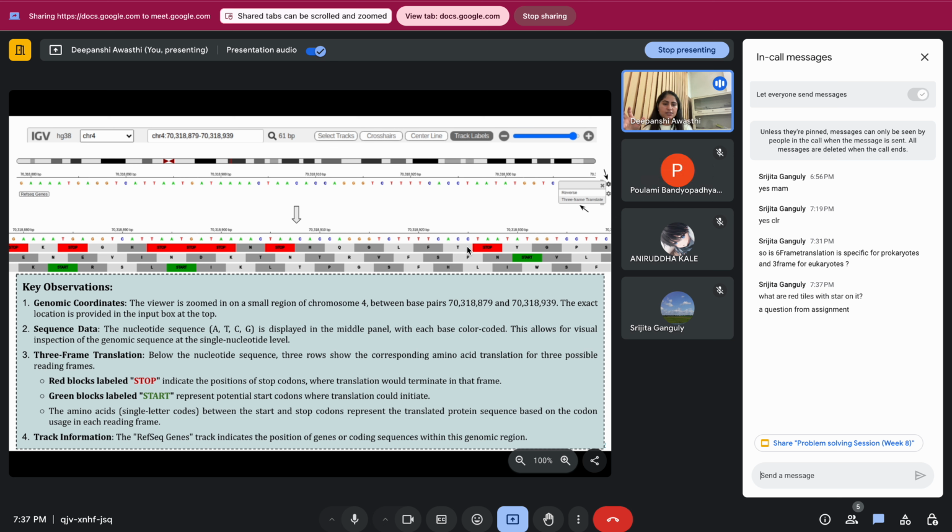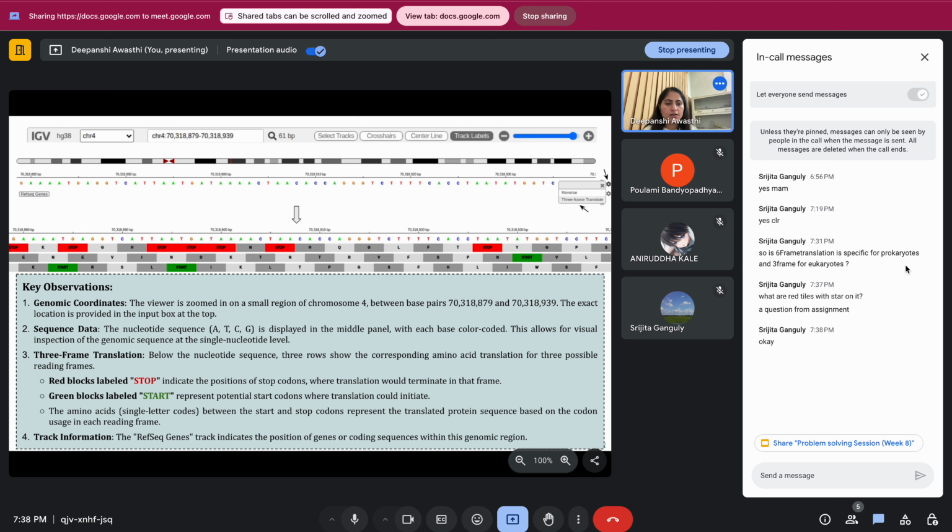But whenever a star is written somewhere, it means that thing is conditional. I have not come across it in IGV, but red tiles generally mean a stop codon. If a star is written, it might mean it is conditional, which means that due to some mutation or variant it has caused that stop codon, or it might not always remain a stop codon and might vary. So star means it's conditional, but I have not seen that. I'm just speculating.